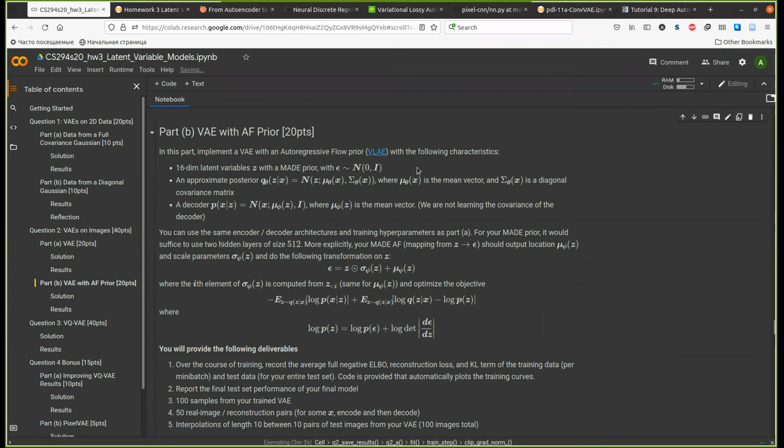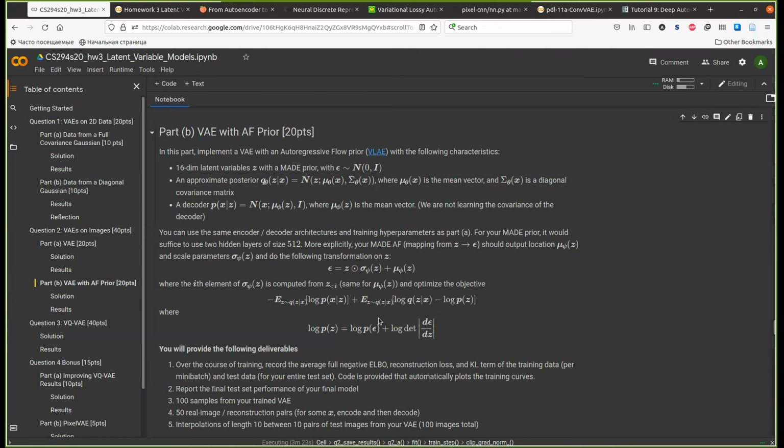random variable. And to make that work, we need some prior which we can easily sample from. And using autoregressive flow allows us to sample from a normal distribution.